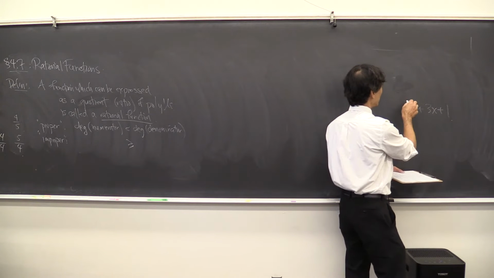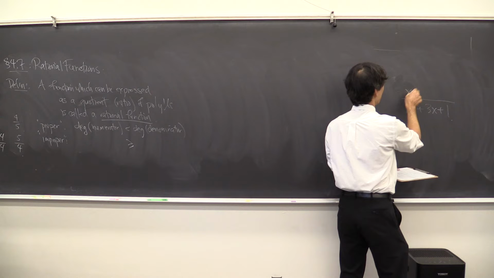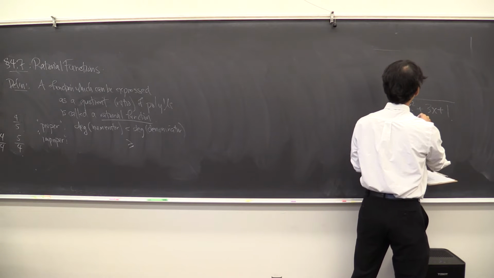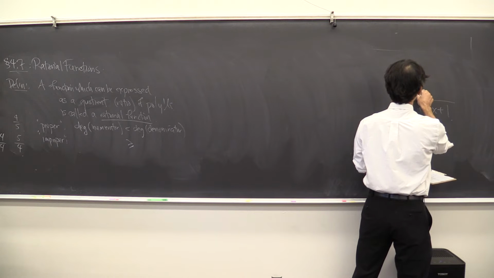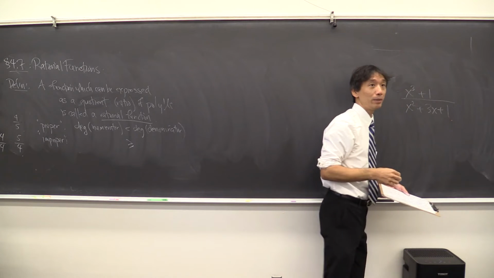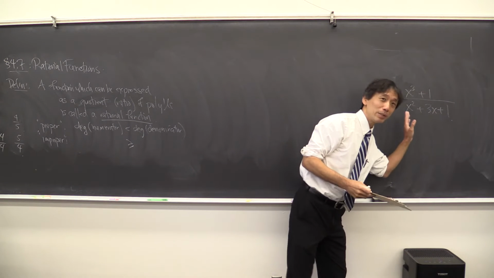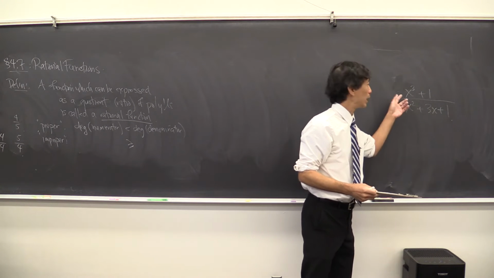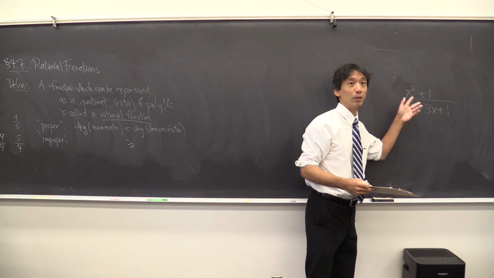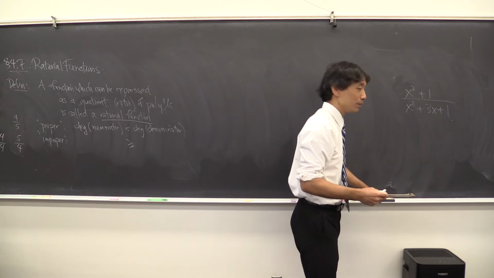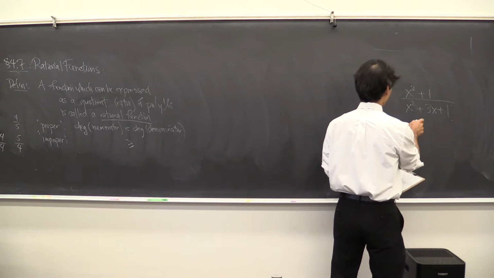And then let's take something that's got a bigger degree, x cubed plus 1, say. So that's an improper one. You don't have to know this, but it's actually kind of a handy trick. You can do long division with polynomials like you do long division with numbers.